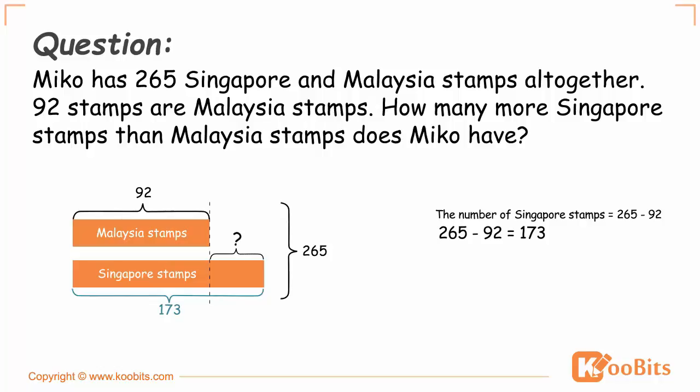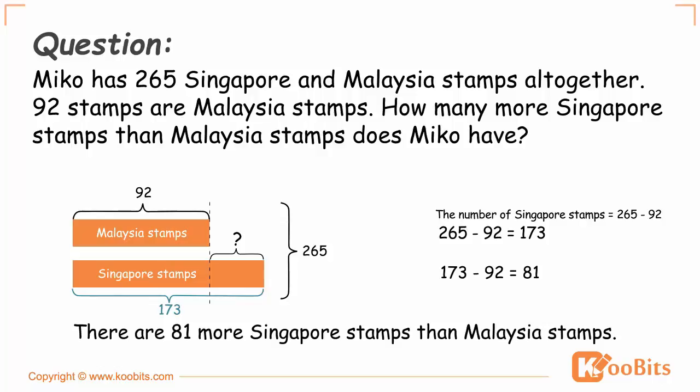Can you also see that the difference is equal to the number of Singapore stamps minus the number of Malaysia stamps? Do you get it? Great! The difference between the diagrams is equal to 173 minus 92 equals 81. Hence, there are 81 more Singapore stamps than Malaysia stamps.